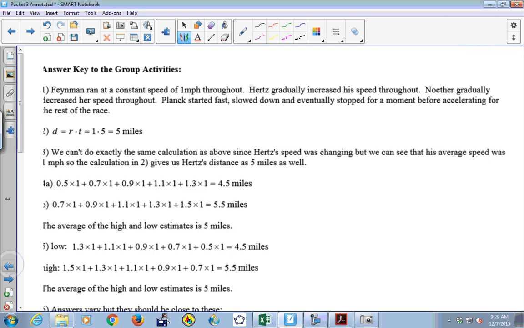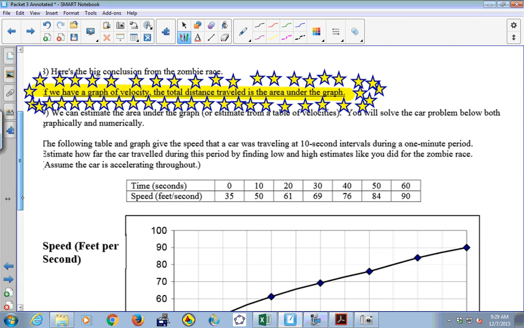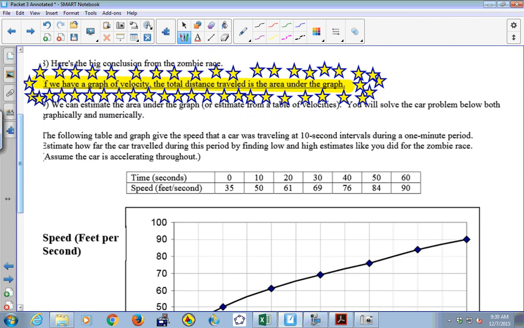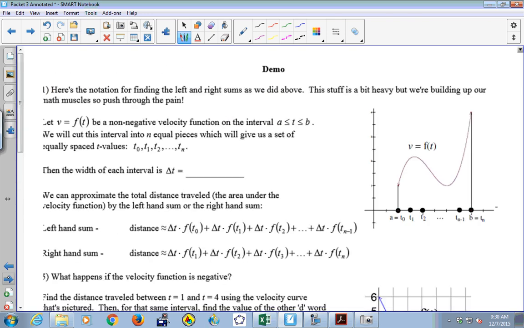Let me pull up my highlighted big conclusion from what you were just doing: if you have a graph of velocity, the total distance traveled is the area under the graph, right? And you can estimate the area under the graph using rectangles. You can get lower estimates and upper estimates by just breaking things into rectangles. All right, so that's what we're going to do here.